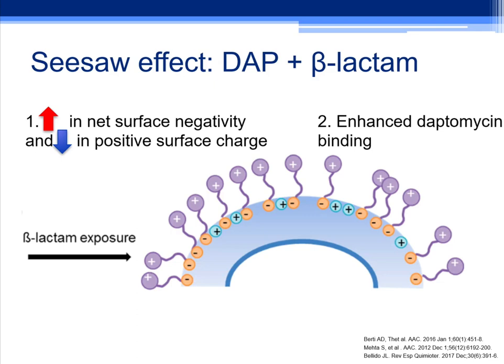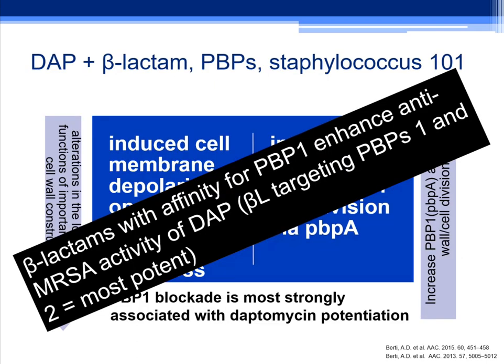To get really into the mechanistics of how this occurs, when daptomycin is exposed to Staph aureus, Staph aureus induces a cell membrane polarization and reduced cell wall thickness, causing alterations in the functions of important proteins in the cell wall structure. So you get that overall more positive charge. What it specifically does is increase septation at sites of division through PBPA.